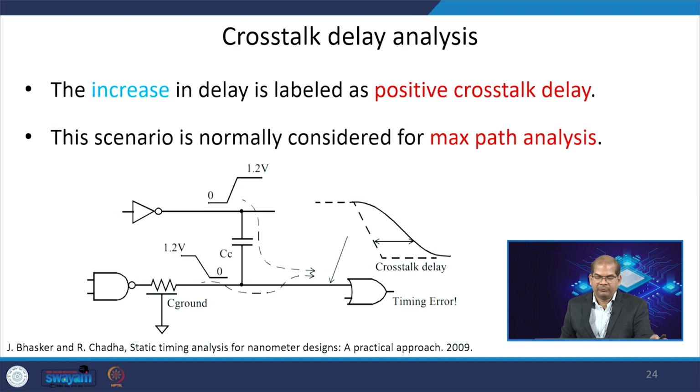Now, what is the impact of this kind of transition? Whenever there is an opposite transition, it will increase the delay. This is called positive crosstalk delay. This is normally used for max path analysis, because it will increase the delay.